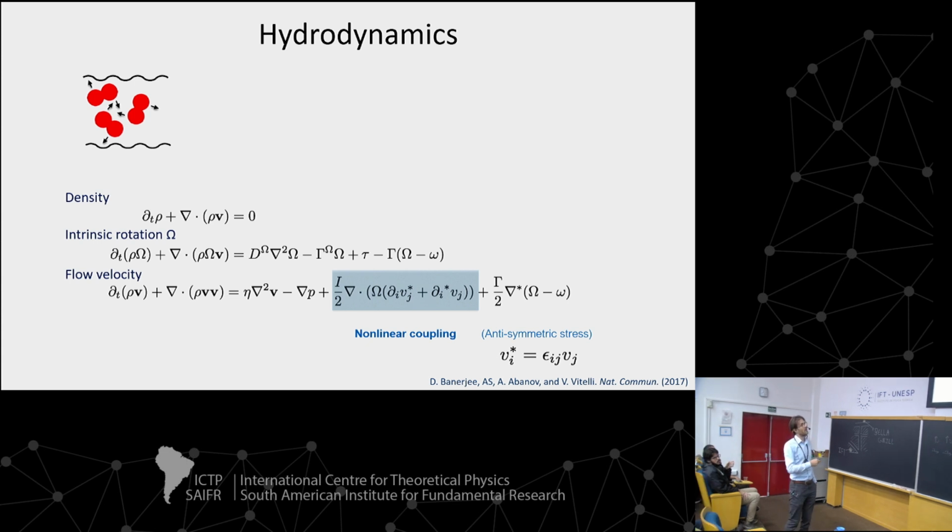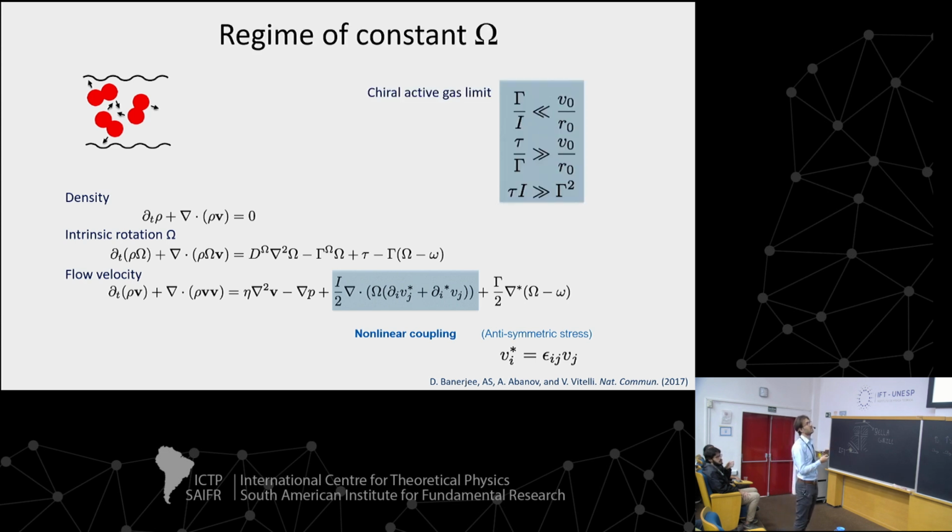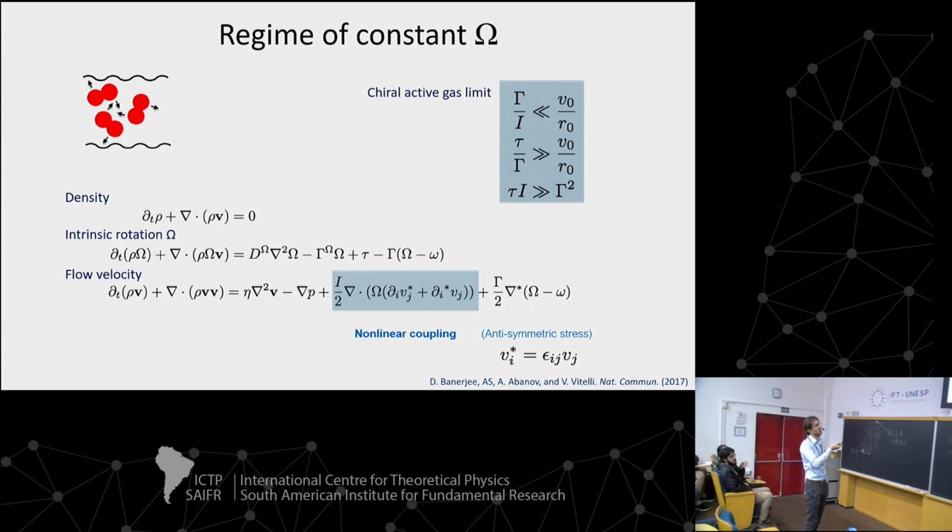So the special thing about this nonlinear coupling term is that you can imagine a fluid, or a limit of a fluid, where the density of the fluid is fairly low, so the collisions are kind of rare, but the relaxation rate of this intrinsic rotation to its preferred value is fairly fast.